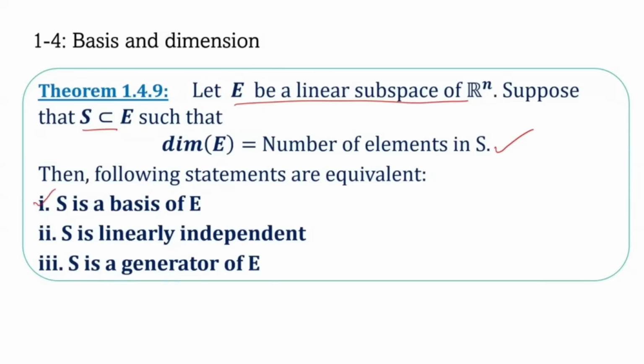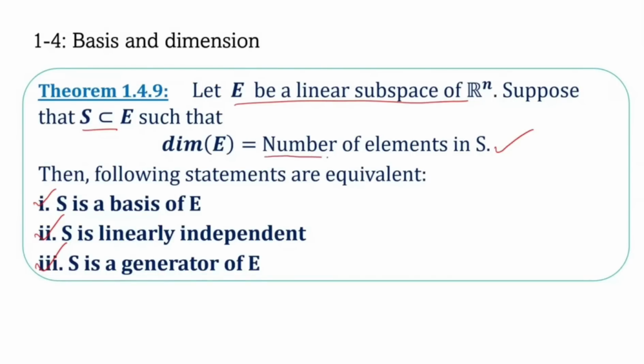One is that S is a basis of E. Since it is a basis of E, it should be linearly independent and it should be a generator of E. These properties will be satisfied if the dimension of E is equal to the number of elements in S. So if you take any S and you already know the dimension of E, let's say the dimension of E is equal to some number, let's say 5.